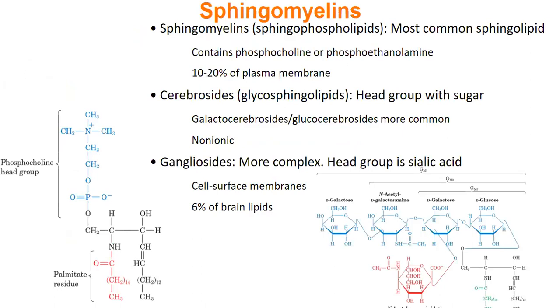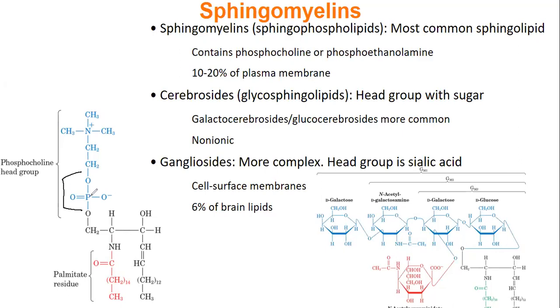And the most common sphingolipid is the sphingomyelin, or sphingophospholipid. So a sphingomyelin is kind of like a combination of the glycerophospholipids and the sphingolipids. Not quite. It's not an exact one-to-one comparison, but we do have the return of our phosphate.